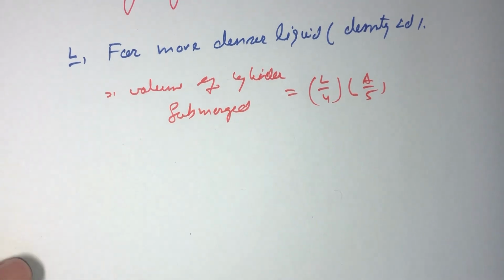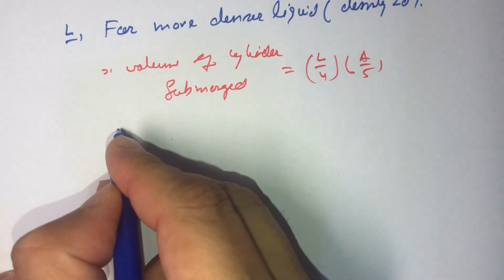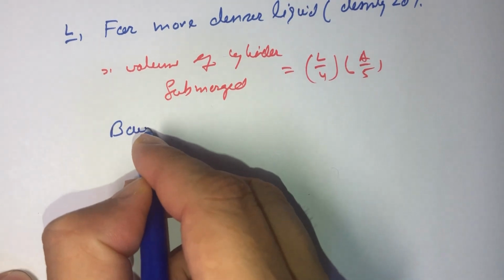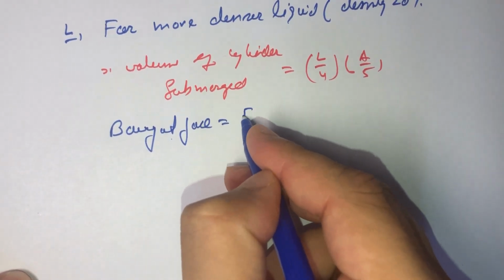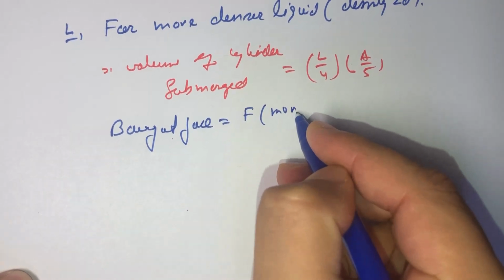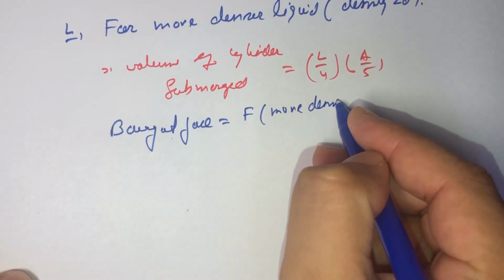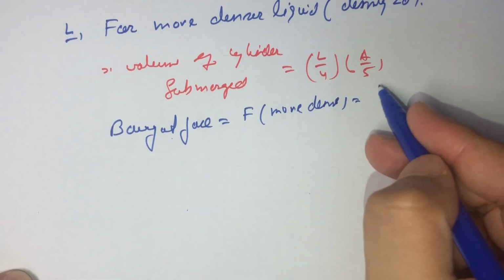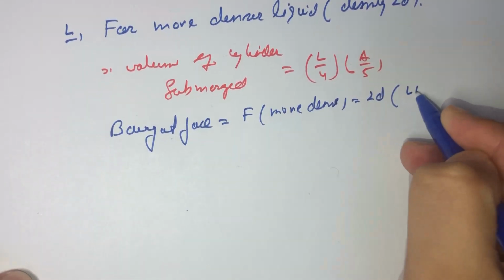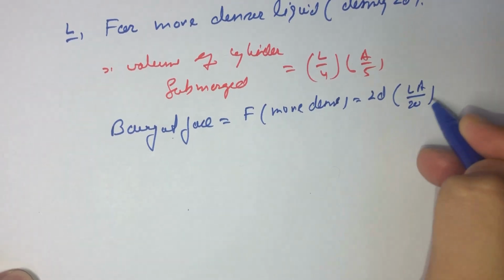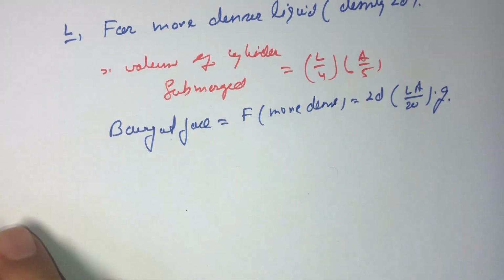Therefore we get the buoyant force, let this be called F more dense, equal to density 2d multiplied by LA/20 and multiplied by g.